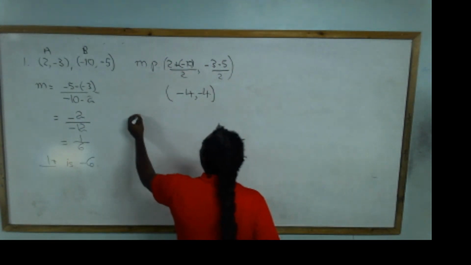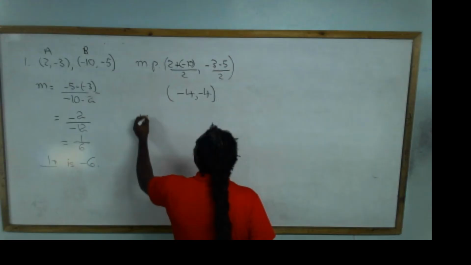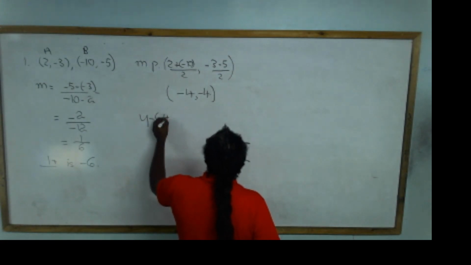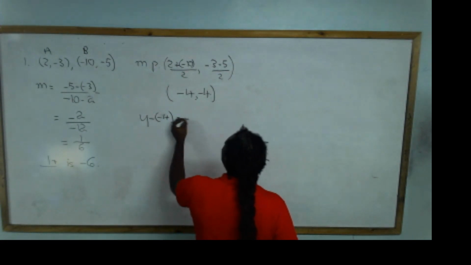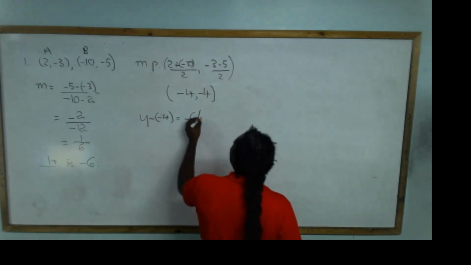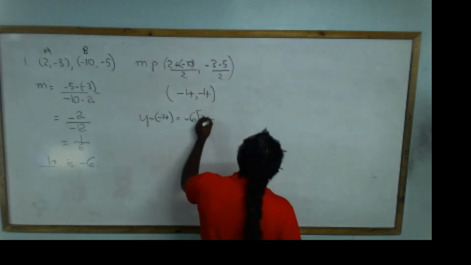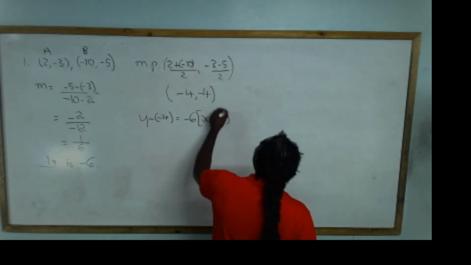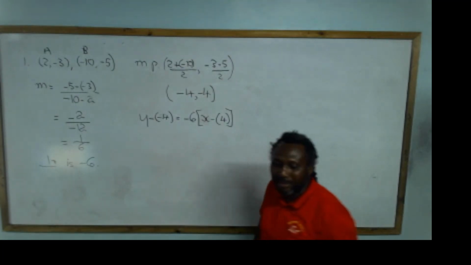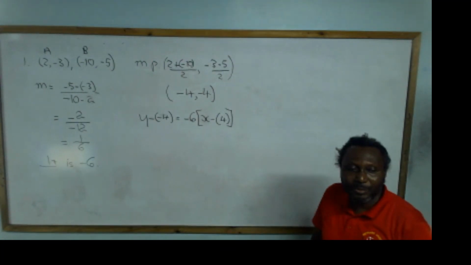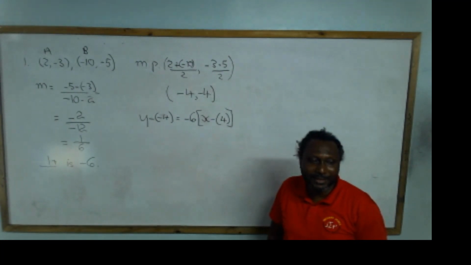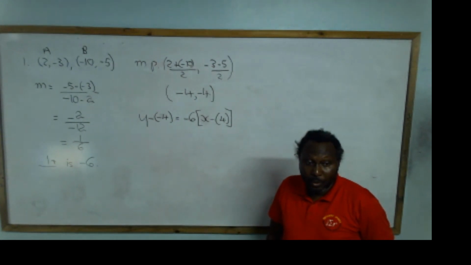So y minus the value of y, that's what I'm using, right? Is equal to gradient, you're using this slope. I'm not using y is equal to mx plus c. I'm using y minus the value of y is equal to gradient times x minus the value of x. I know, sir, but there's a specific name that they have.